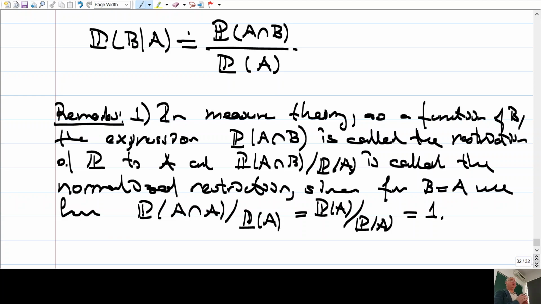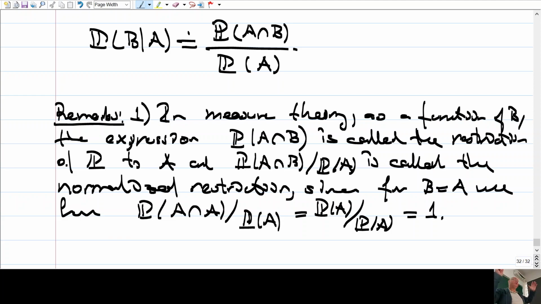In the original measure space, the measure of A may not be 1, right? It is probably some positive number, but not necessarily 1. We normalize it by dividing this measure by the constant, the measure of A, so that the measure of A now becomes 1.